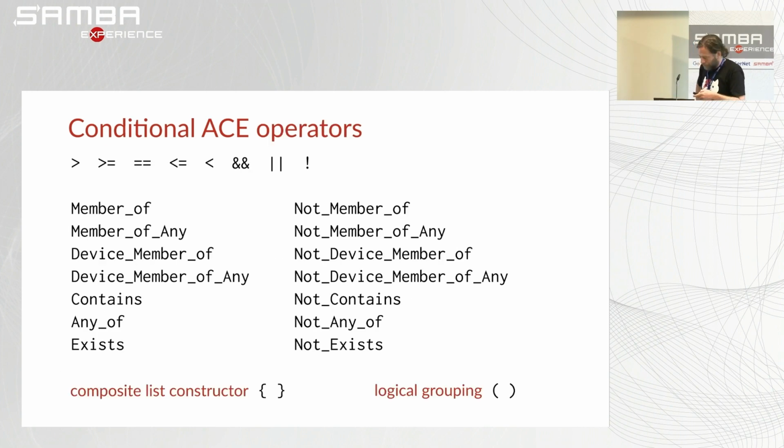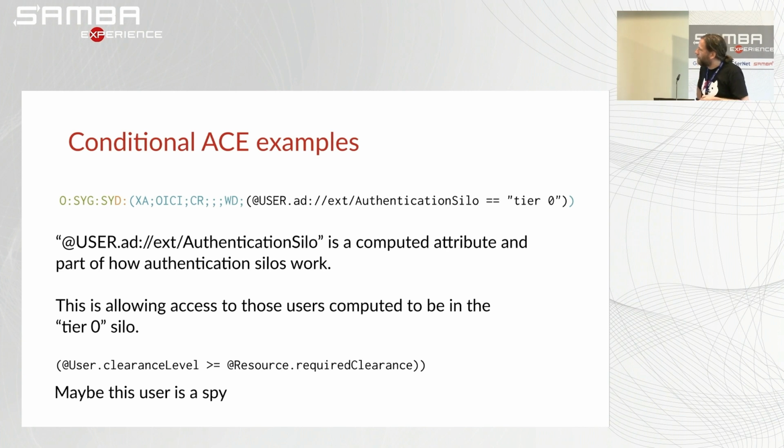Now this is a thing that you use in an authentication silo. Say you've got a silo called tier 0, which I've heard is the kind of silo you most likely want. Then this X authentication silo is like a magic attribute for the user that is computed from various other attributes that are all around the place.